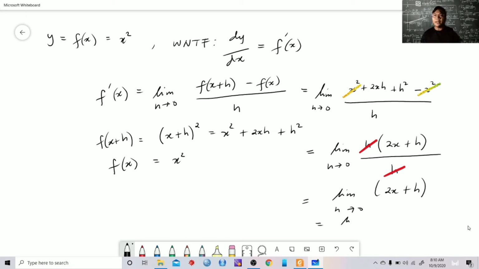So we have the limit as h approaches 0 of 2x plus the limit as h approaches 0 of h. The limit of 2x as h approaches 0 is simply 2x, plus the limit of h as h approaches 0, which is 0. So the answer would be 2x.